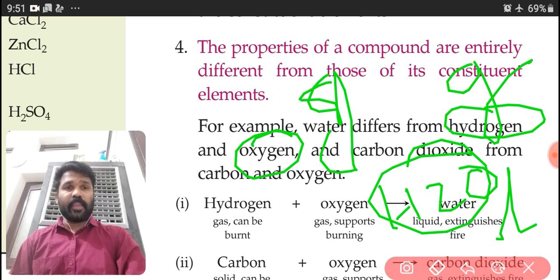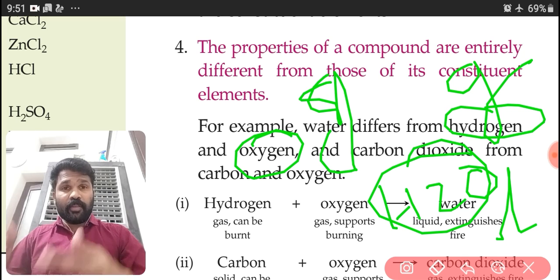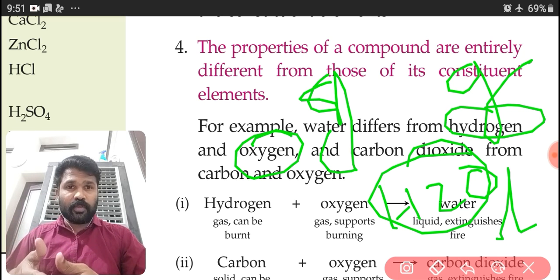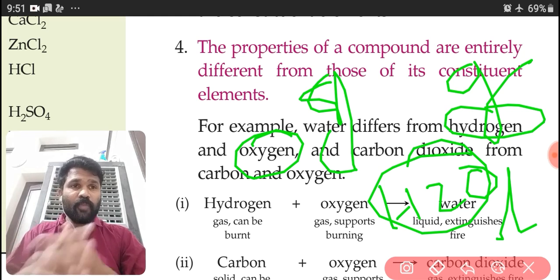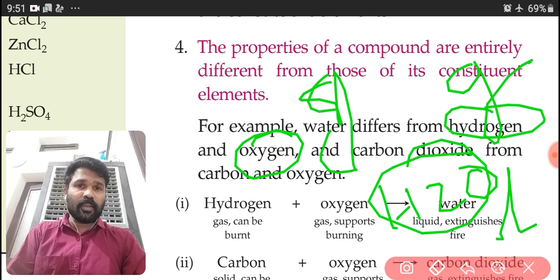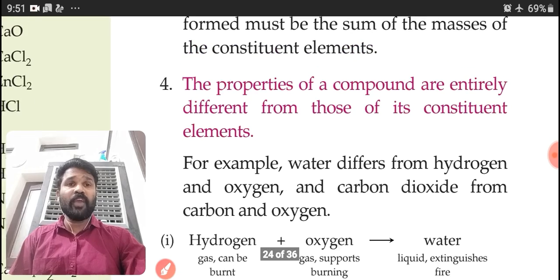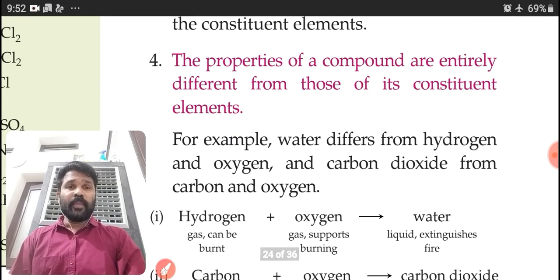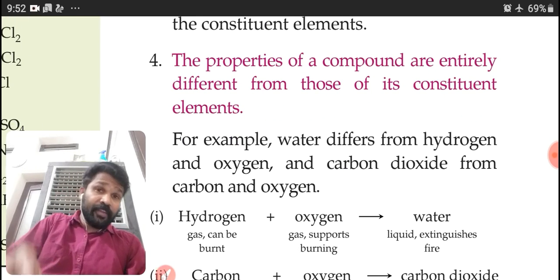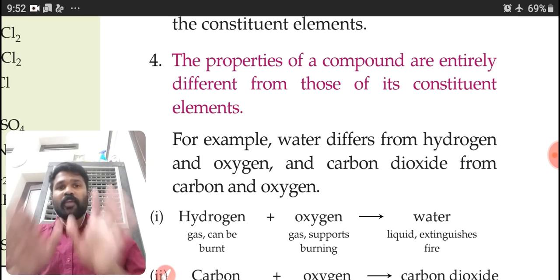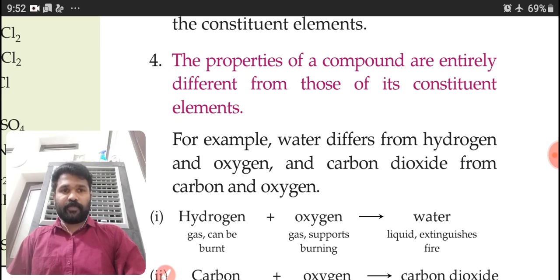By kindling both hydrogen and oxygen, we get water, which is a liquid.